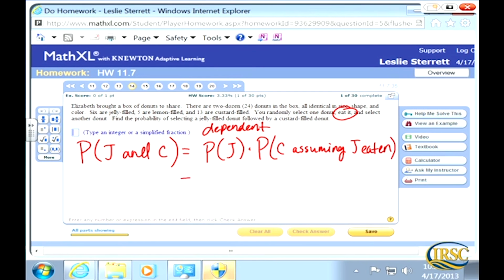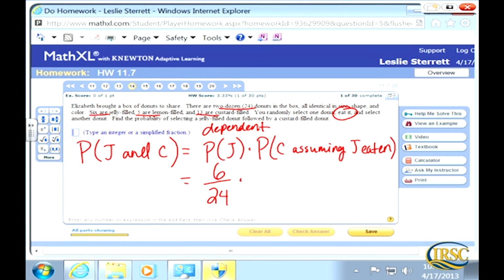Okay, so what is the probability? And again, here are the numbers. 6 are jelly, 5 are lemon, and 13 are custard. And how many donuts are there total? 24, or 2 dozen. Okay, so what's the probability of selecting a jelly donut? Okay, 6 over 24.